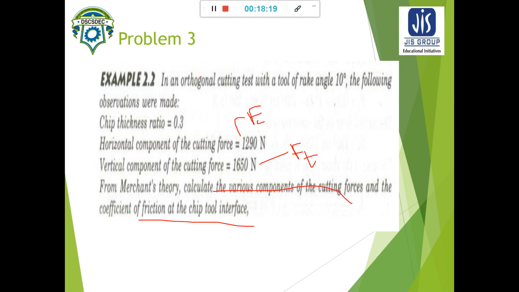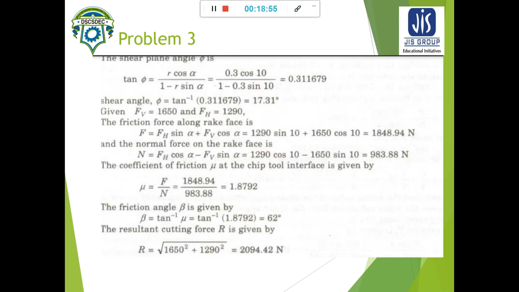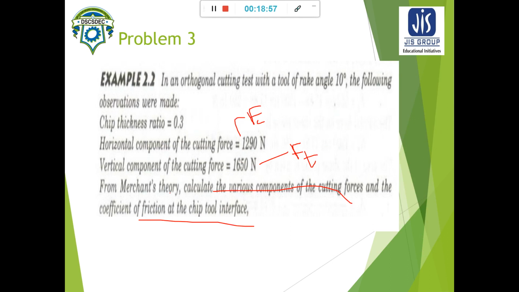That means you have to find out the shear plane angle, the shear force, the normal shear force, the friction force and normal friction force, and the resultant, and the angles: the shear plane angle, the friction angle, and another thing, the coefficient of friction should be found out in this type of question. So let's start. The approach should be like this.